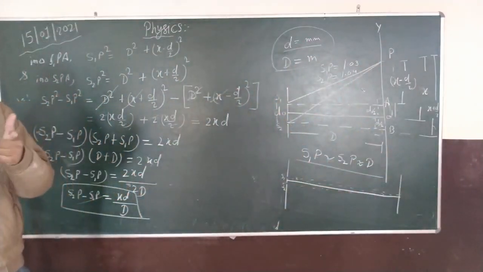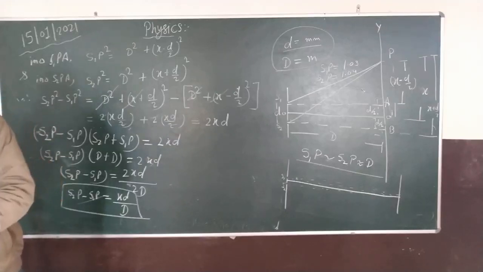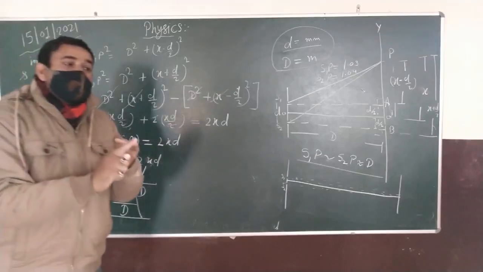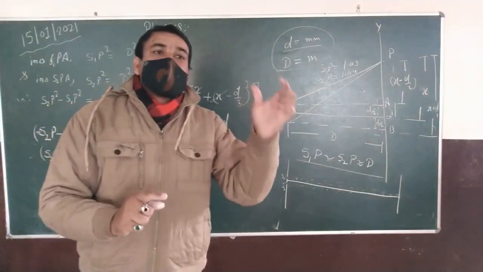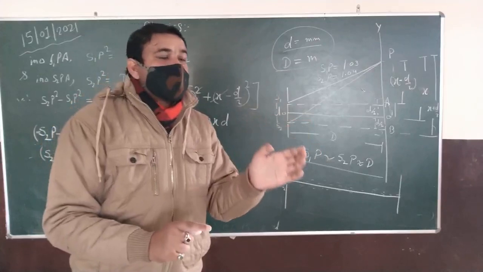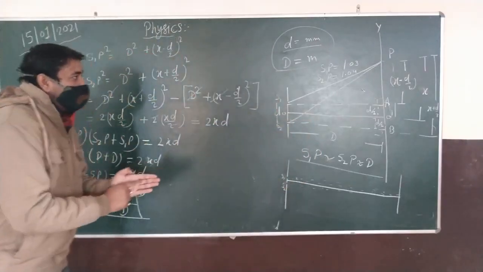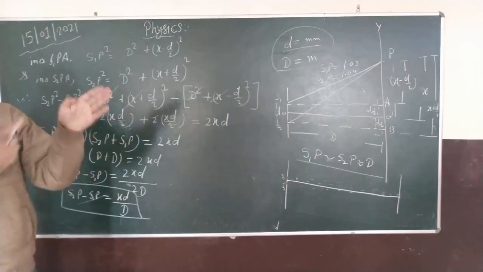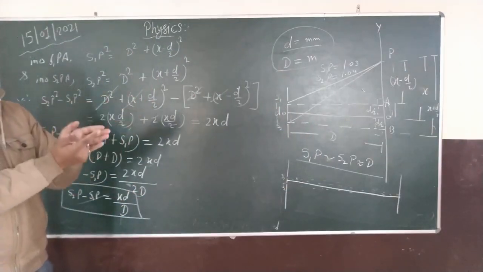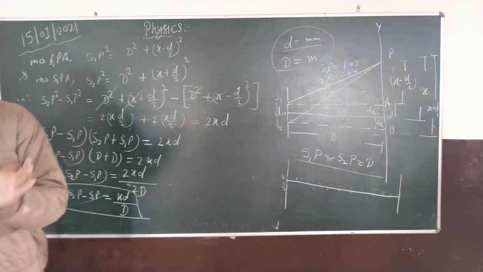And when crest and trough reach at the same time, the amplitude will become 0. So when the amplitude becomes double, we get the bright fringe or constructive interference, and when the crest and trough of the two sources reach, we get the dark fringe or destructive interference.